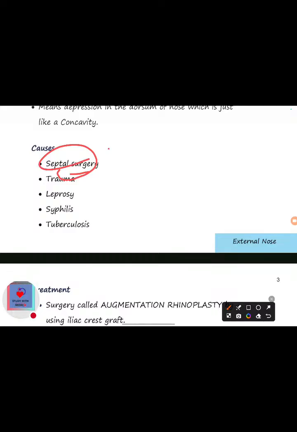And because of especially the submucosal resection, SMR surgery. Previously, the surgery done for deviated nasal septum was submucosal resection, in which a lot of cartilage, mucosa, and bone has been removed. So that can lead to saddle nose. Or due to trauma, the bone has been damaged and removed.